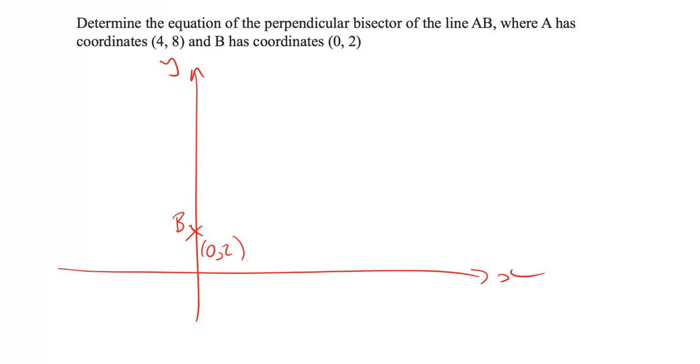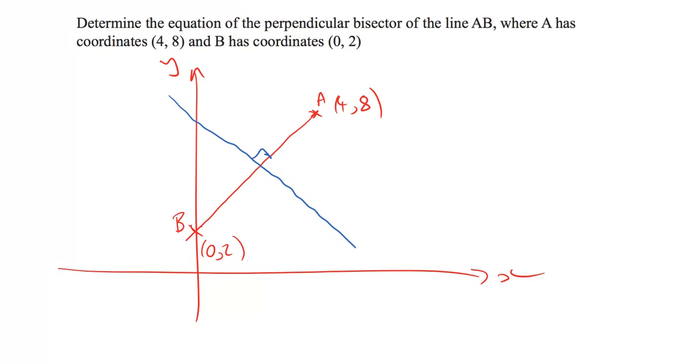And the point A is 4 across and 8 up. This isn't to scale, but let's imagine A is there, (4, 8). If I join those up, we can see that line. And the line that we're looking for is going to look something like this, which passes at 90 degrees.